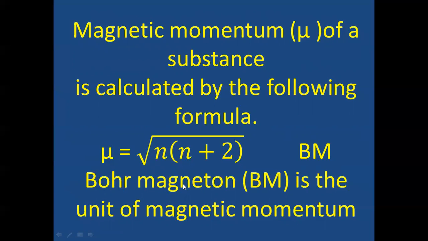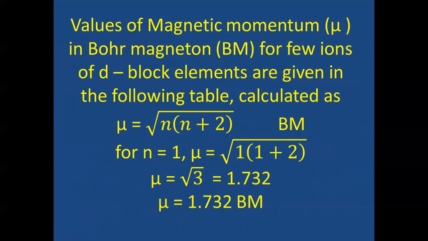So the Bohr magneton is shortly written as BM. Here, only one factor is there on which magnetic moment is dependent. And as I told you just now, that factor is nothing but the number of electrons which are unpaired. Here n stands for number of unpaired electrons.